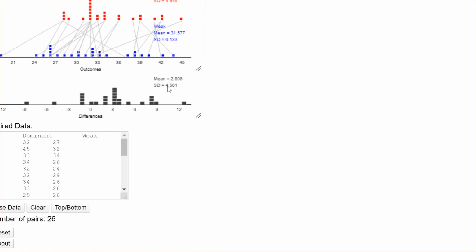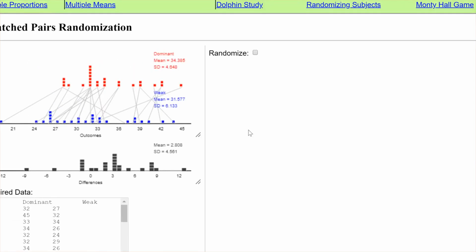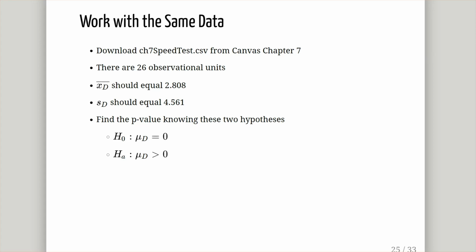Then the standard deviation is also told to you. Standard deviation of the differences in our samples 4.561. Okay, so the data looks like it lines up well with the information that we know.